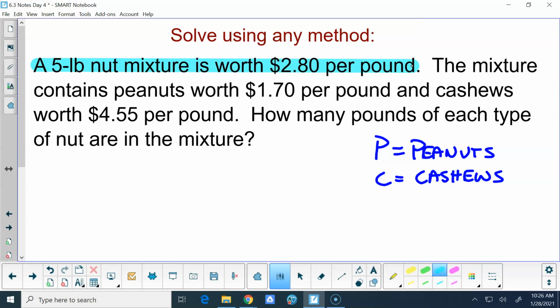What does that tell us? Okay, so which equation is going to equal 5?